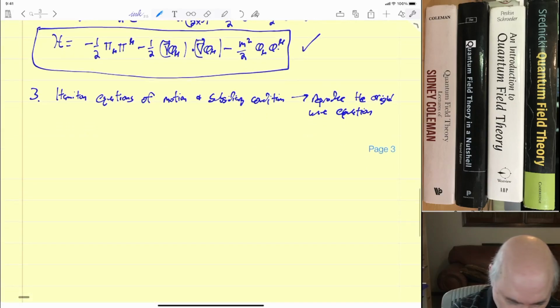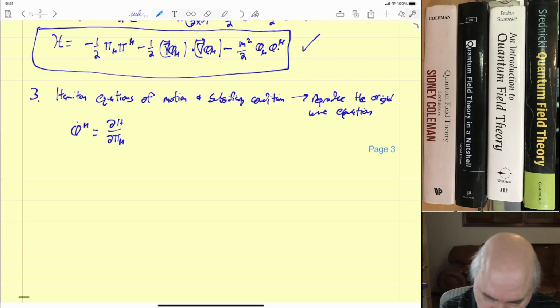So our first Hamiltonian equation of motion is phi dot mu is equal to the partial of h with respect to pi mu. Let's just do it component by component. Let's take the mu equals 0 component.